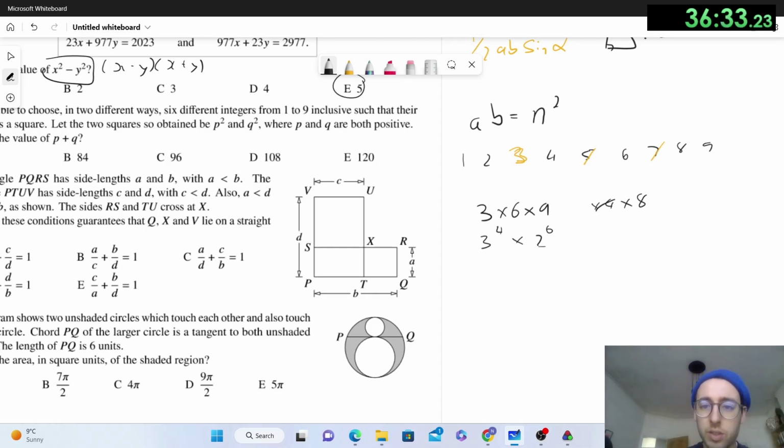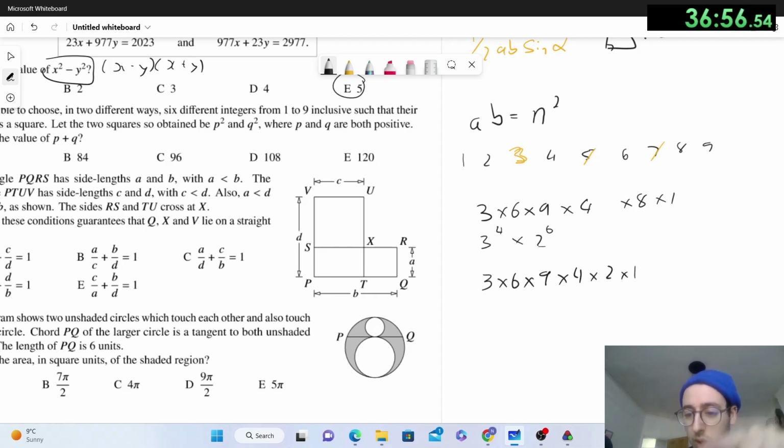Oh no, sorry, I need 6 different integers. So set number 1 is 3 times 6 times 9 times 4 times 8 times 1. This works. And so does 3 times 6 times 9 times 4 times 2 times 1.